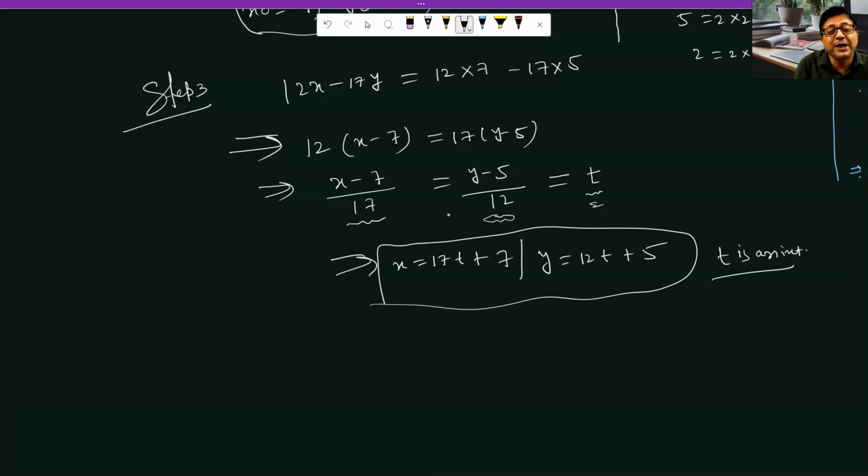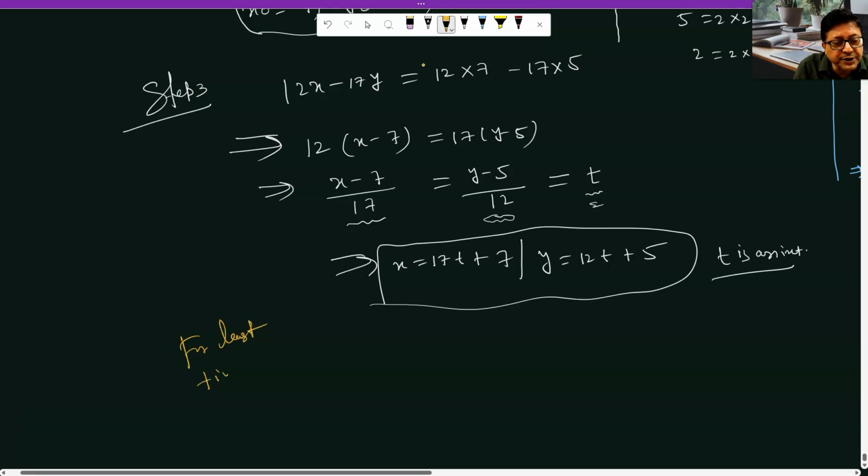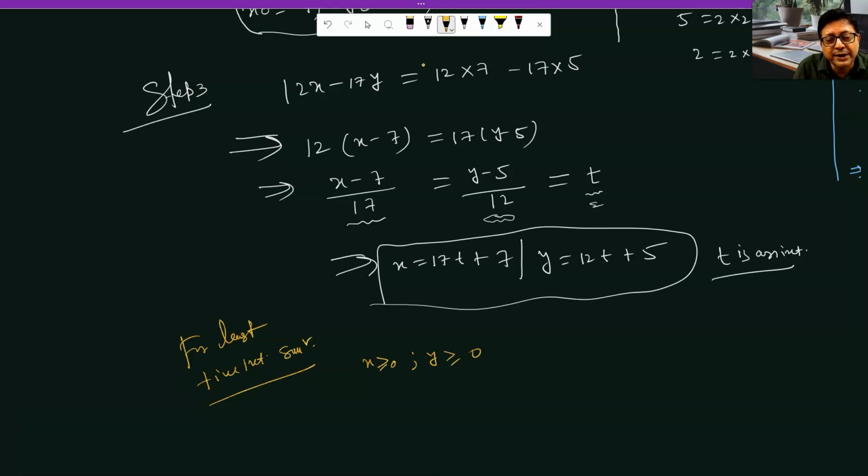So what we'll do there for the least integral value? For the least positive integral solution, x greater than or equal to 0, y greater than or equal to 0.